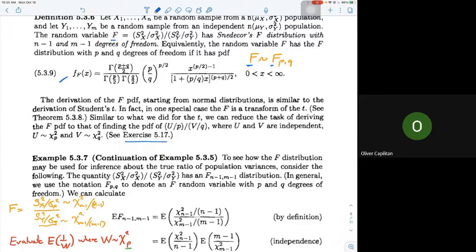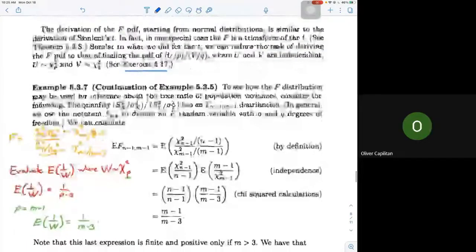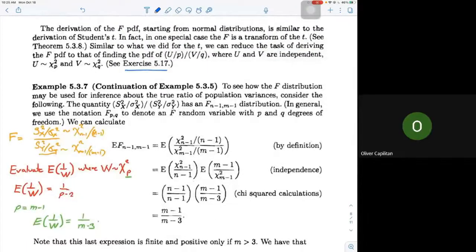Okay, so let's proceed now to example 5.3.7, an application of the F distribution. It can be used for inference about the true ratio of the population variances. So consider the following. We have shown already that this quantity has an F distribution with n minus 1, m minus 1 degrees of freedom.